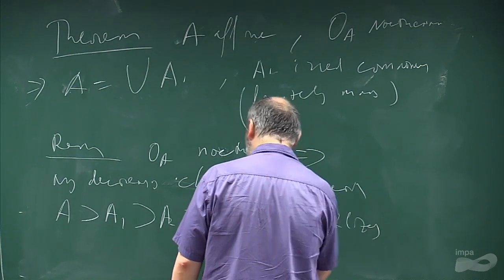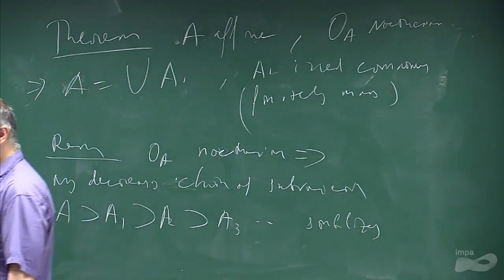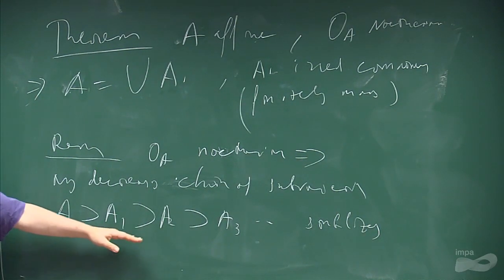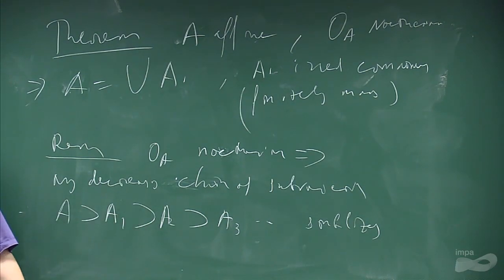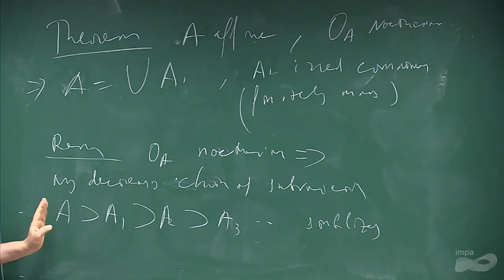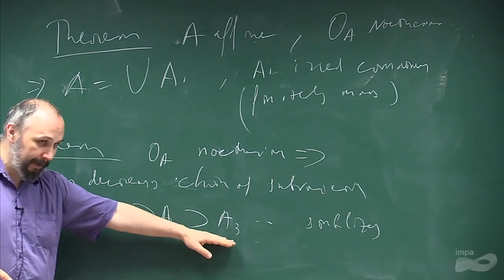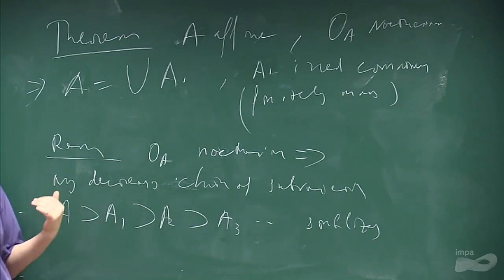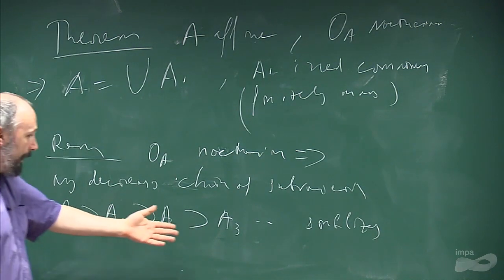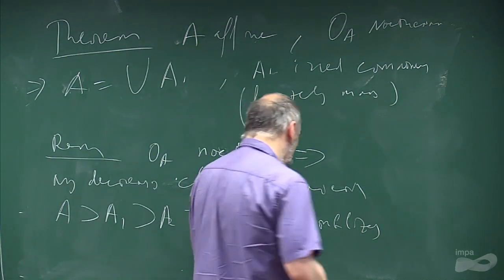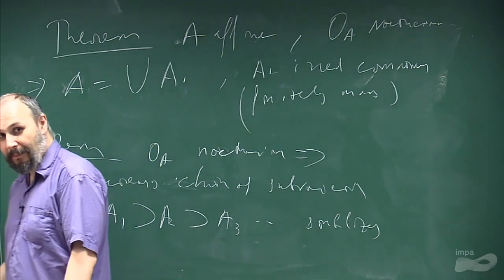This is clear because by Hilbert Nullstellensatz, subvarieties are the same as ideals. And so if you have a decreasing set of subvarieties, you have an increasing set of ideals. And this chain of ideals has to stabilize.